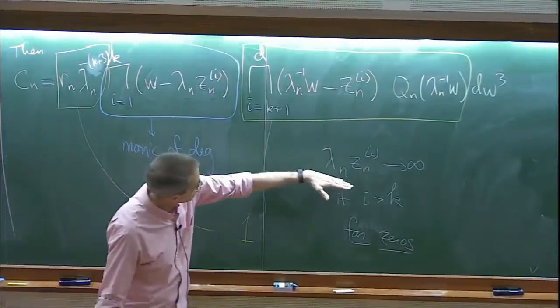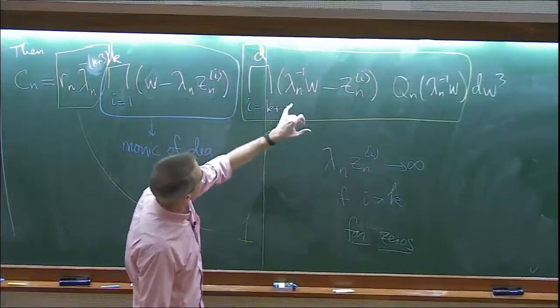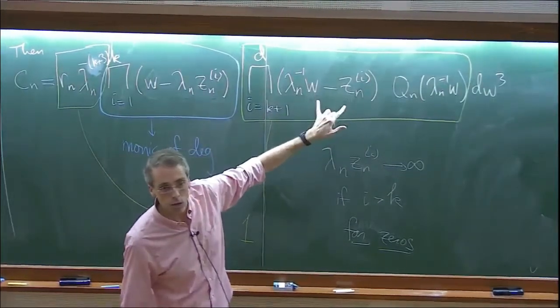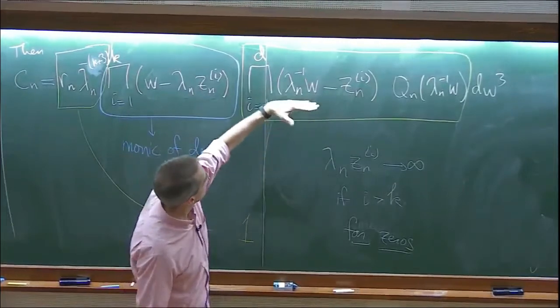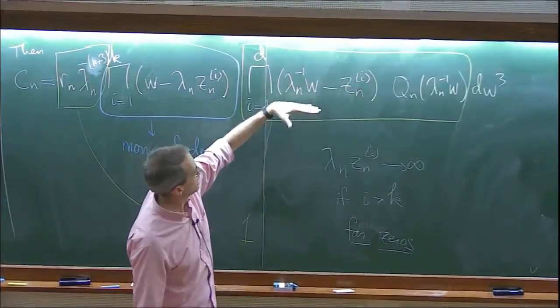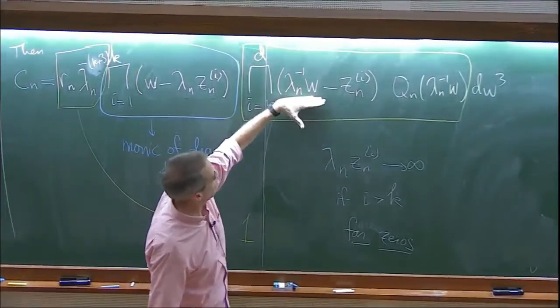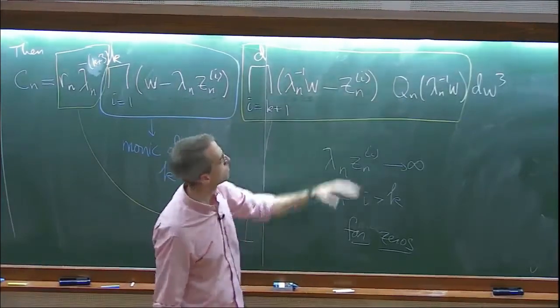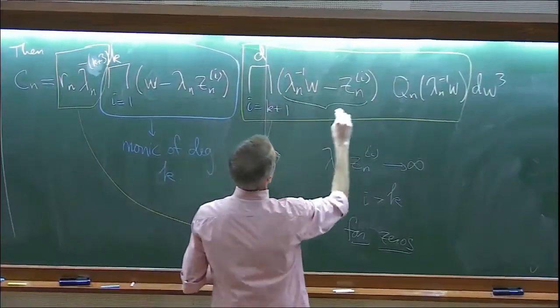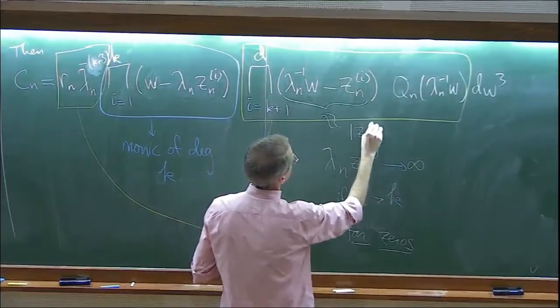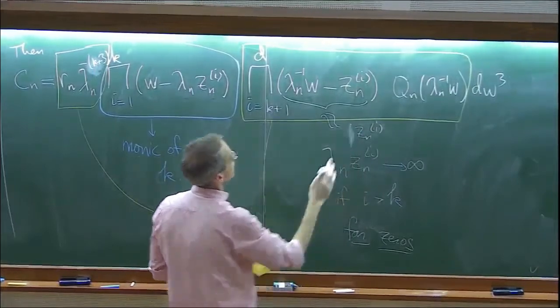If lambda n Zni goes to infinity, then this difference here is the difference between two things that are of entirely different scales. Lambda n inverse w is something much closer to 0 than Zni is. So this is going to be approximately equal to, in absolute value, just Zni.